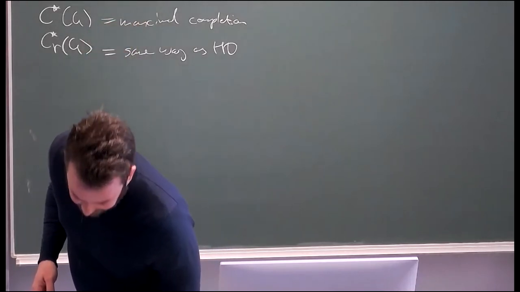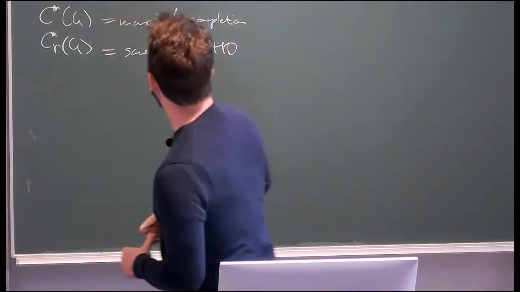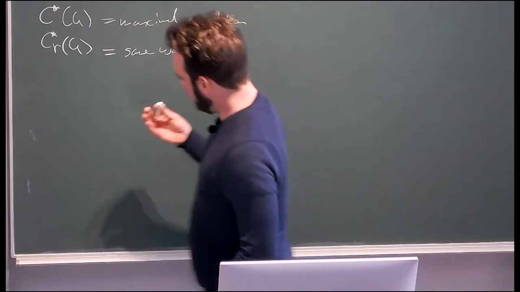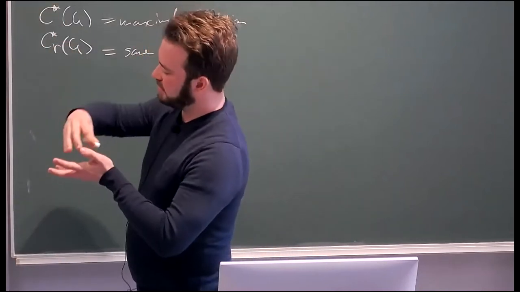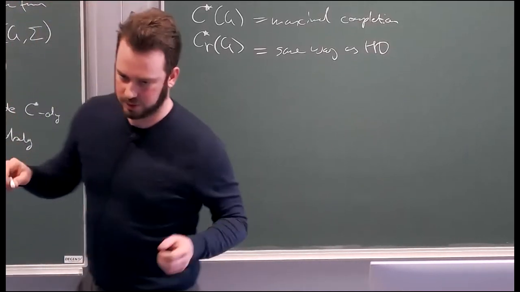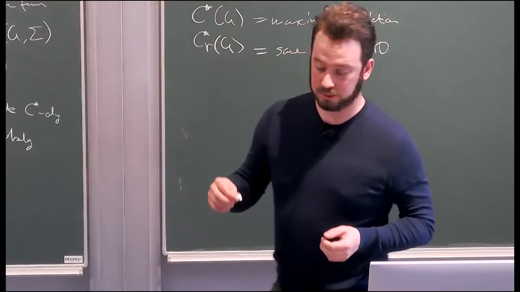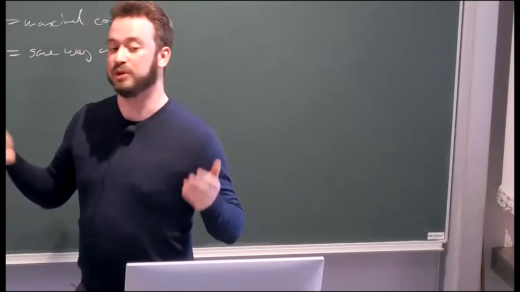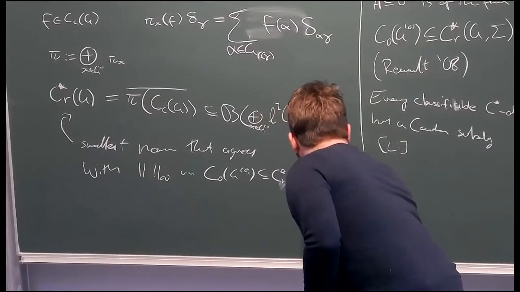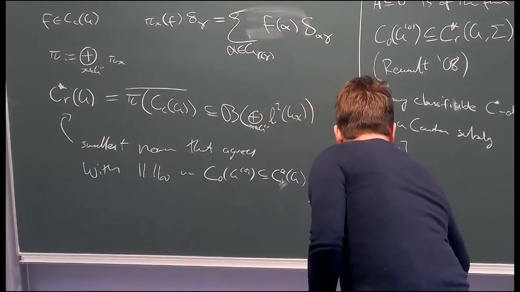One way to define these is by saying I want a way of projecting down to this subalgebra that is faithful in a suitable sense. For those of you who know this kind of stuff, it's what's called a faithful conditional expectation. The way you do this in this case is by taking a function and just restricting it to the unit space.